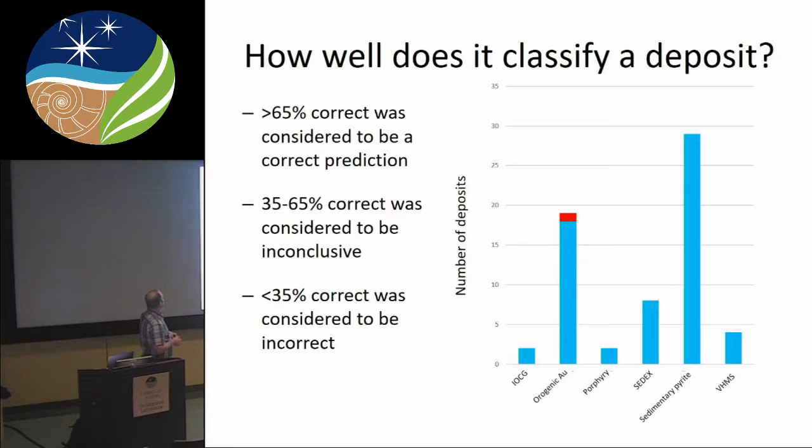So with this, we said if 65% of the analyses were correctly identified, that's a correct analysis. 35 to 65% correct was considered inconclusive, and less than 35% correct was wrong. And based on that criteria, they were all correctly identified except for one of the orogenic gold deposits.